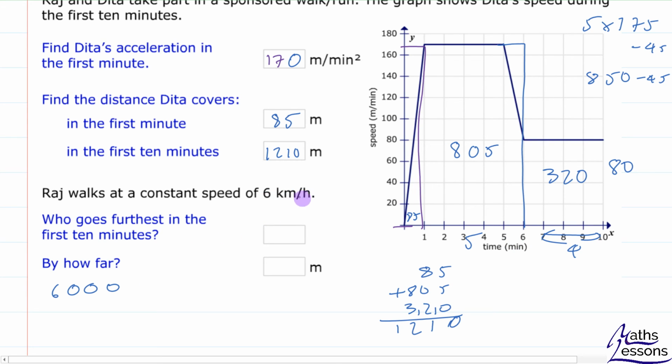So if we divide that by 60 to get how many he walks each minute, 6,000 divided by 60 gives us 100 meters walked every minute, and he's going to have 10 minutes, so it's 10 times 100 to get how far he's walked, which is 1,000 meters. So therefore he walks 1,000 meters, so Dieter walks the furthest, and she goes 1,210. Take away 1,000 leaves you 210 meters. Sorry about that, there's a bit of a mess.